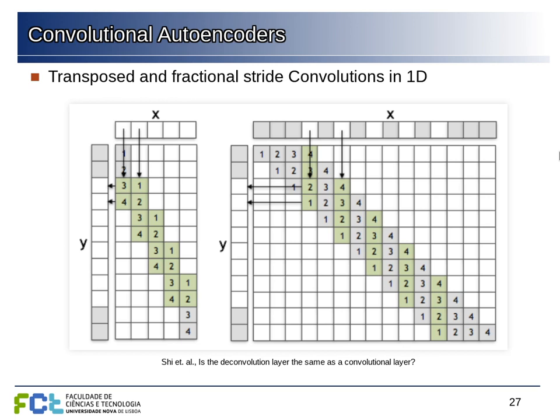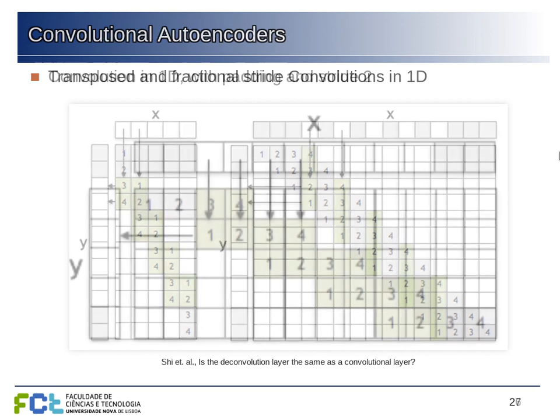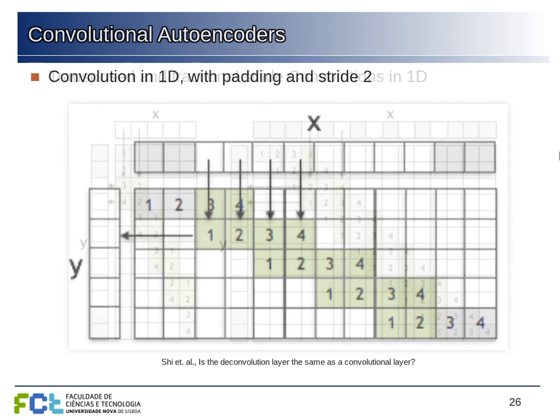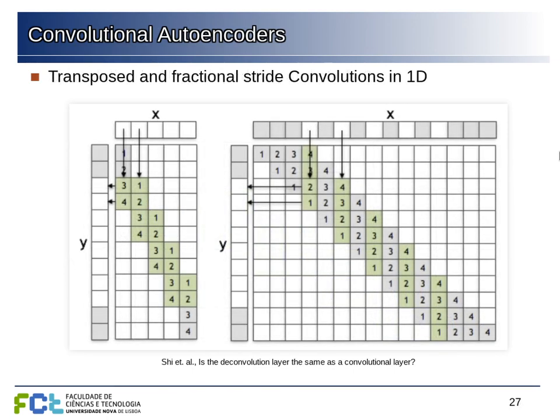So transposed convolution works, you can imagine this as if you were transposing the orientation of the kernel and the way you're sliding it. So now we have the input there, x, but we are using the kernel here in the vertical, so to speak, and the kernel is supplying values to different parts of the output vector.